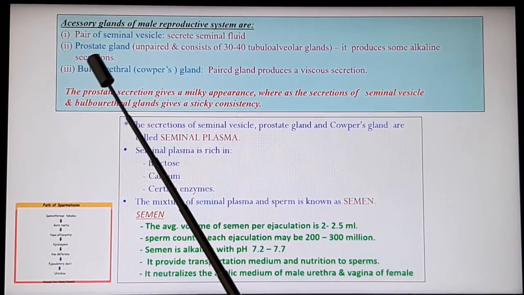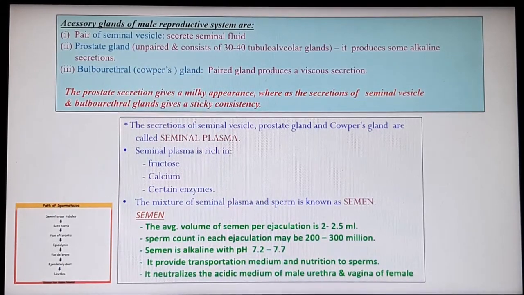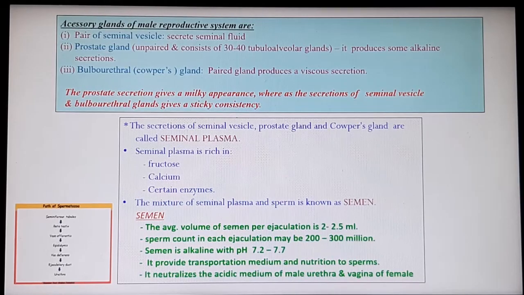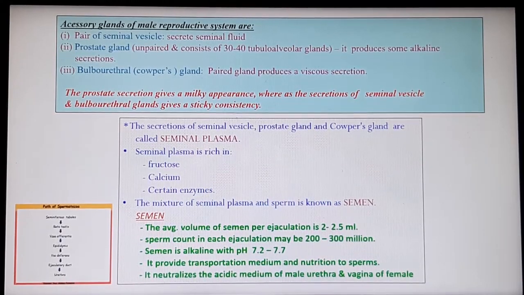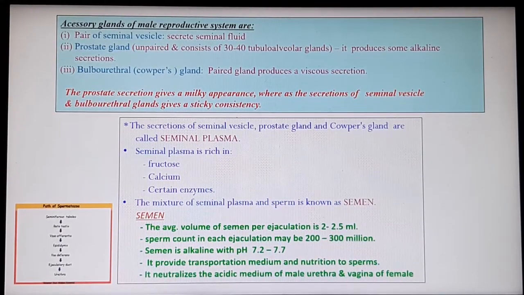Second, the prostate gland, which is an unpaired gland. It consists of about 30 to 40 tubuloalveolar glands. It produces some alkaline secretions. That is why the entire secretions of all these glands are basic in nature.